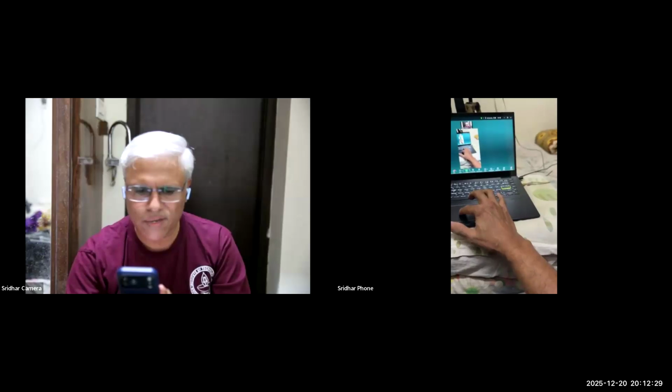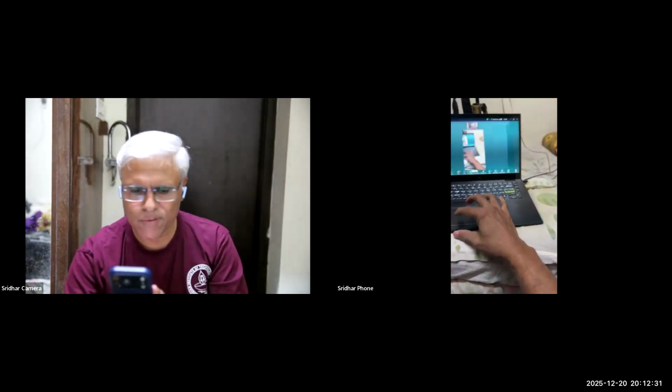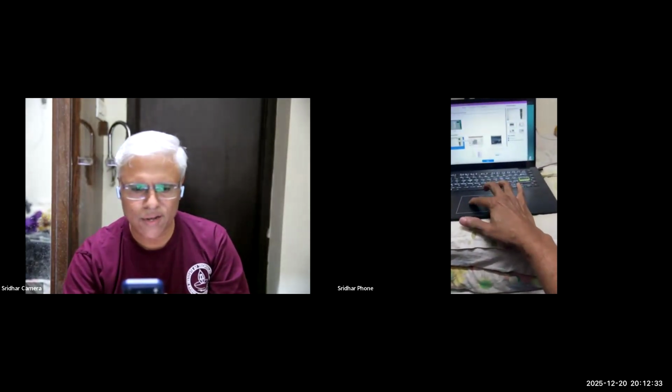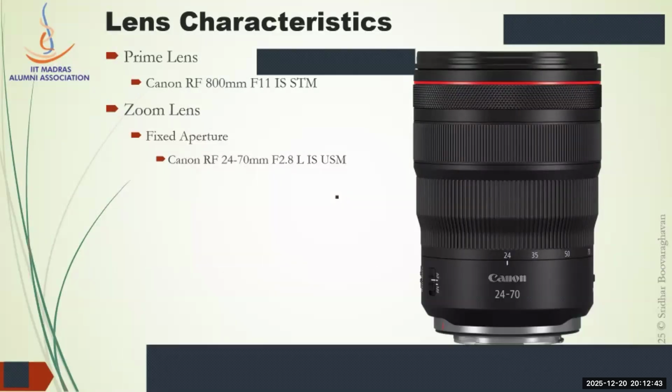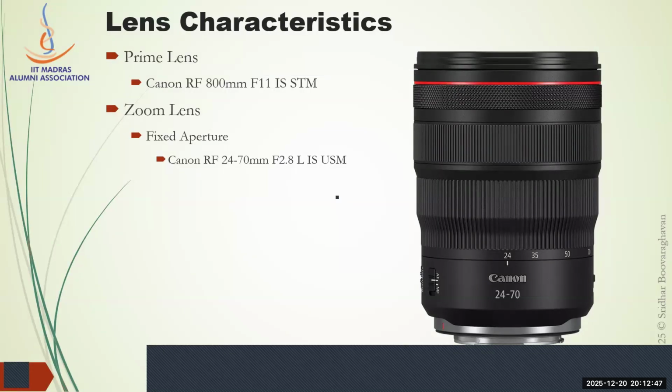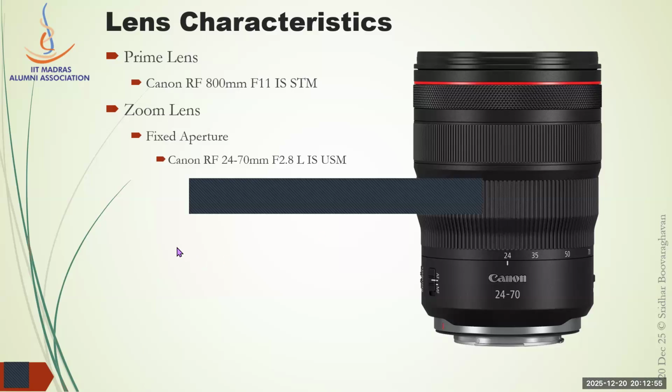So now let me go back into the presentation mode and discuss. Right, so we saw, for example, that 800 millimeter f11, and then we saw a zoom lens, which was the 24-70 or the 500.